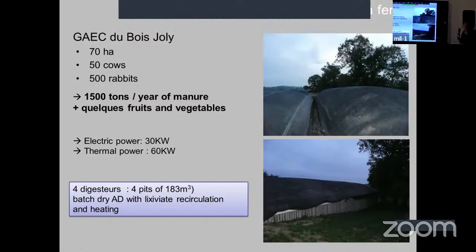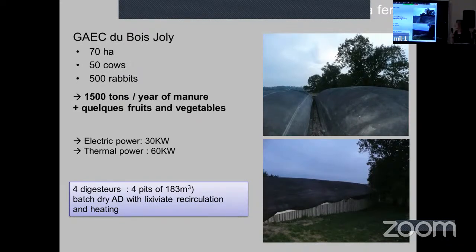This is an example of a reactor in France. It's an agricultural reactor on a farm of 70 hectares. It has 50 cows and 500 rabbits, so it will treat 1,500 tons of manure per year.